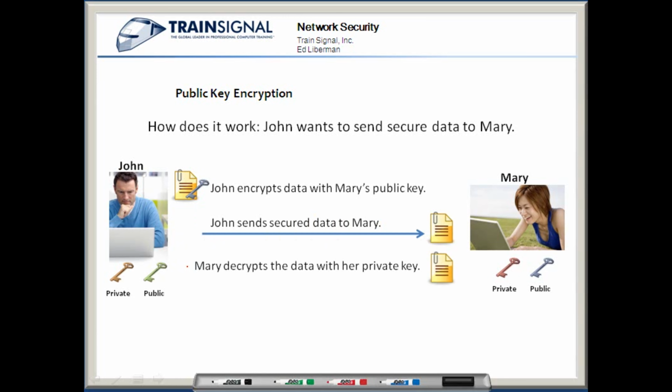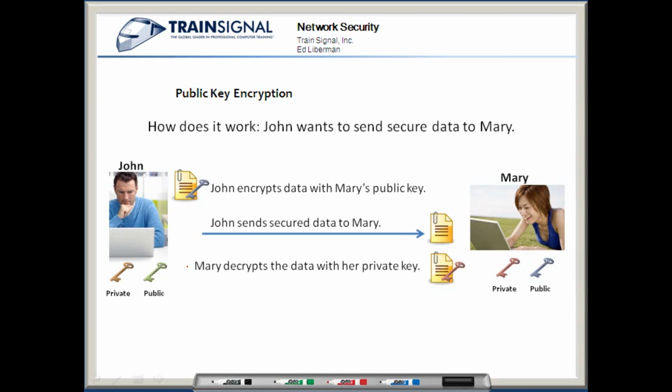Mary will then decrypt the data using her own private key. Does Mary have access to her private key? Sure she does. It's her private key. It's been assigned to her. Why does she need to decrypt the data with her private key? Well, because it was originally encrypted with her public key.